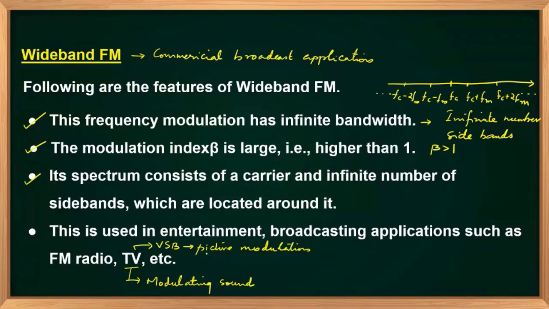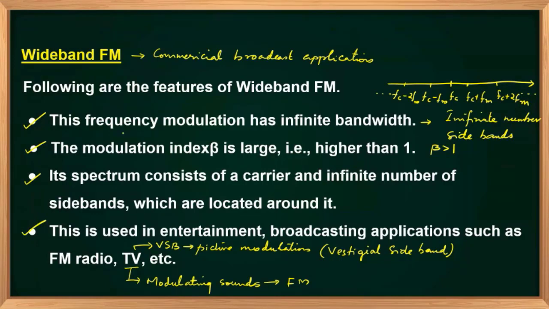Video or picture information is modulated using vestigial sideband transmission, and sound is transmitted with FM modulation. So FM is used for modulating sound waves in television transmission. So these are applications of wideband FM.